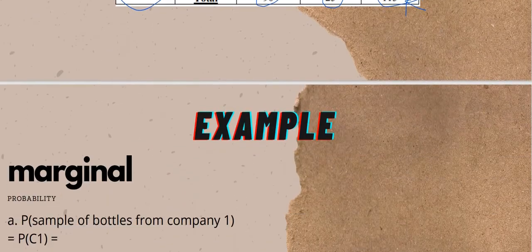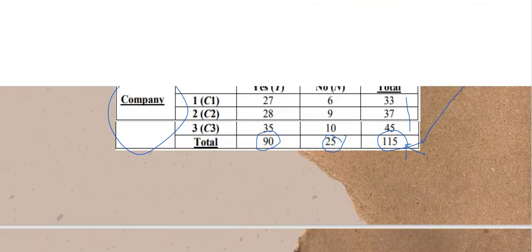So this is the table that is given to you, and you will get all the information from the table. Now the question is to write the marginal probability. Marginal means the single event. Question A asks you to find the probability of a sample bottle from company 1, P(C1). So we look back at the table.